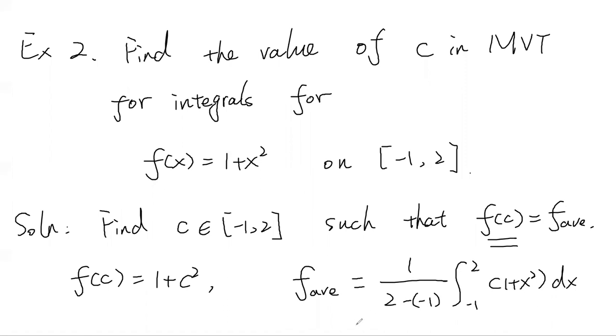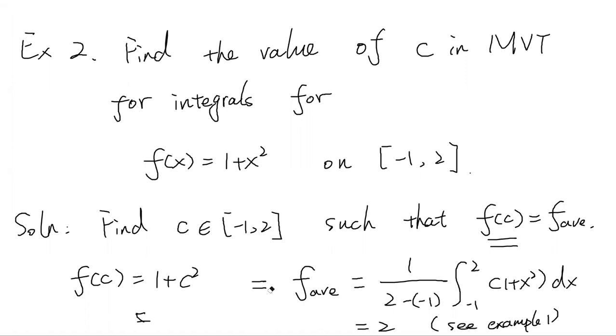And this is equal to 2, because this is the same integral we calculated in example 1. So in order to find c in the mean value theorem, we just need to let f of c equal f average. So f of c is equal to 2.